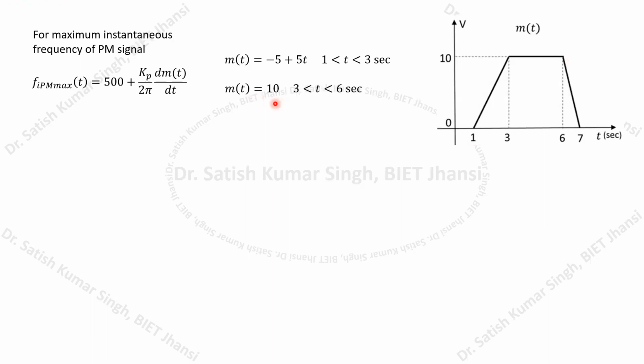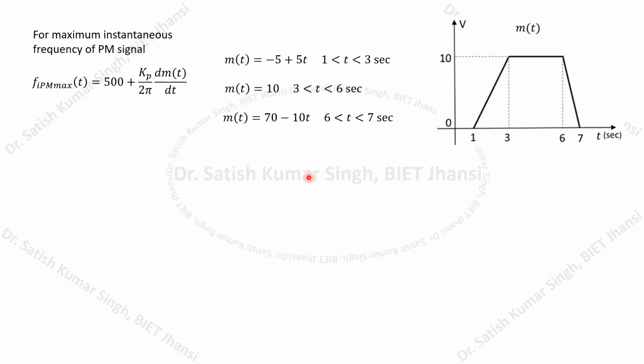In the time interval 6 to 7 seconds, this is a decreasing ramp function with a certain negative slope, so m(t) will be 70 - 10t between t equals 6 seconds to 7 seconds.